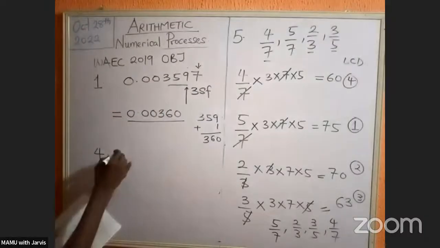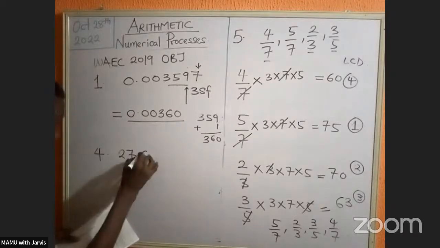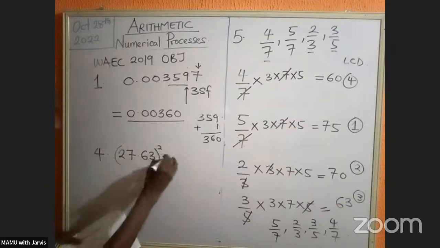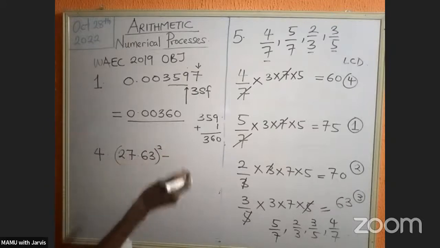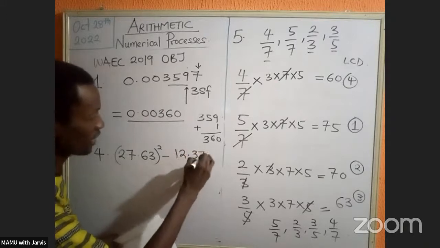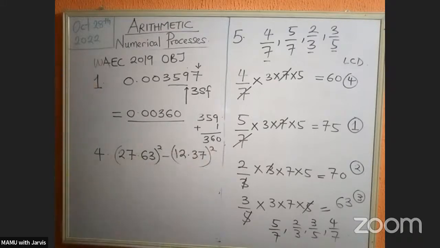Now look at the question. 27.63 squared minus 12.37 squared. I wonder why the emphasis on this bracket. I don't think that would have been necessary.